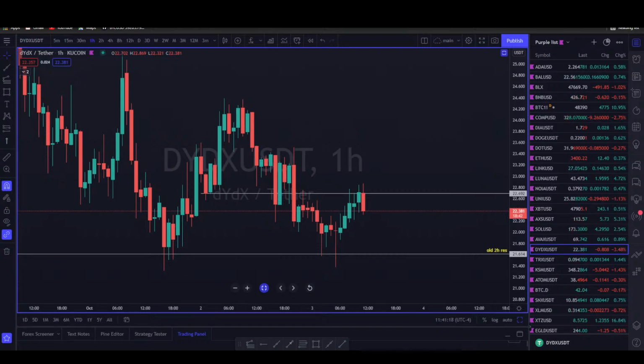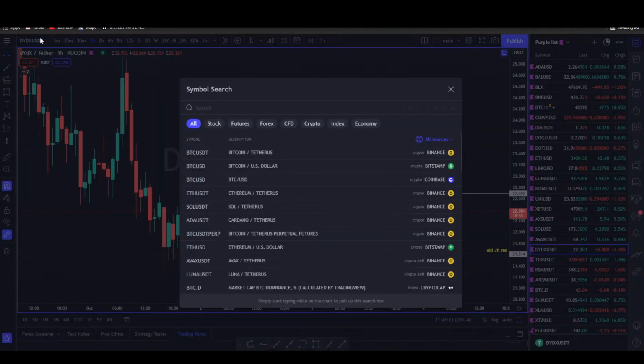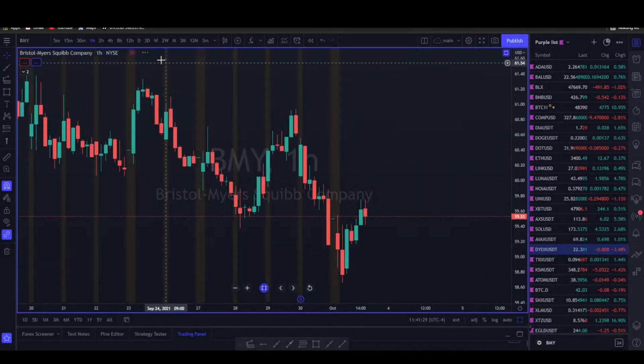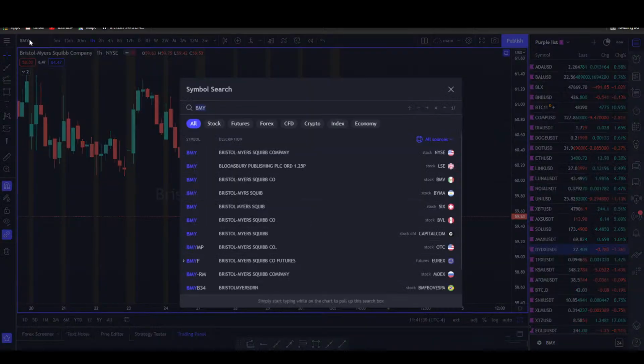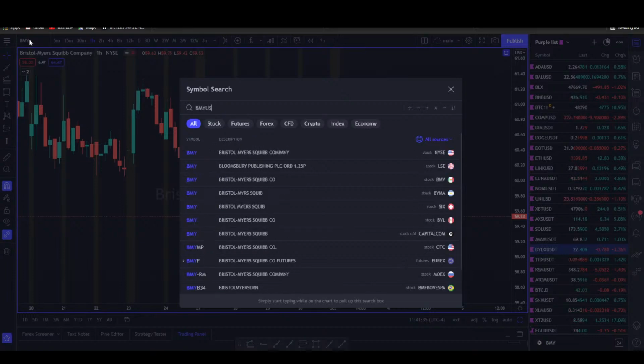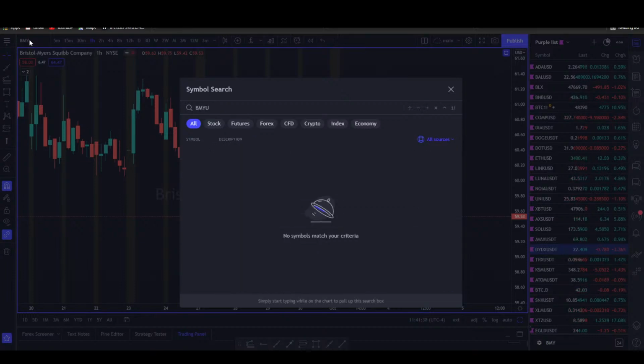So, BMY long for Brian Rubin. I don't know what BMY is. Bristol Myers Squibb, or is this also a crypto? Why is that orange? Let me just see. No, so you're looking at Bristol Myers.